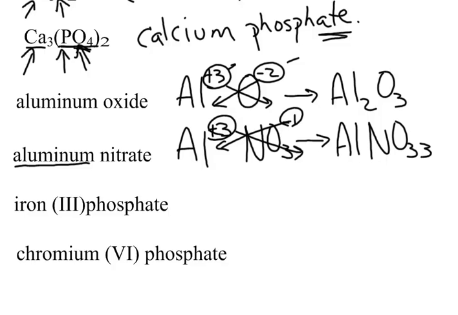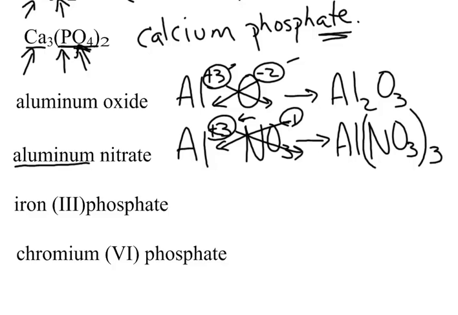So what has to happen is, when the number we're bringing down is more than 1, we take our polyatomic ion and put it in brackets, and then we take that 3 and put it on the outside, which makes more sense.